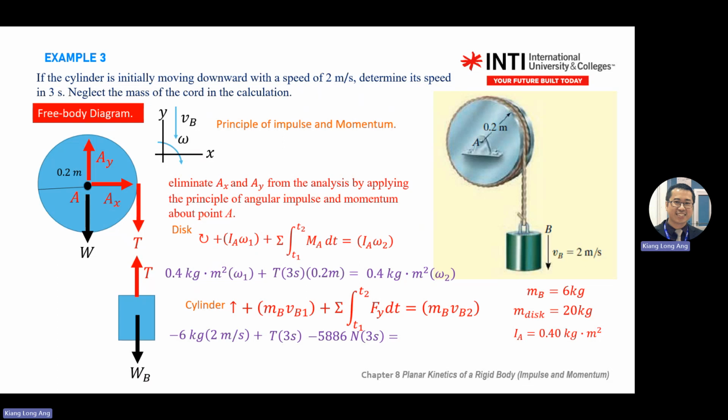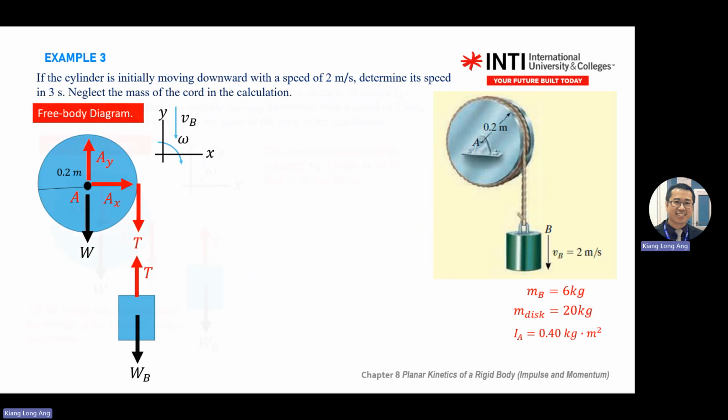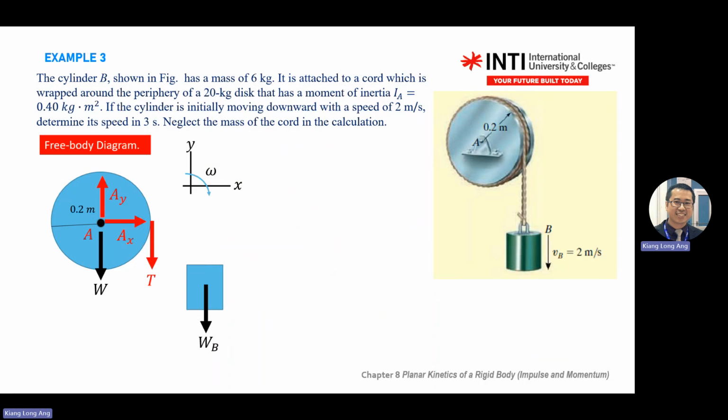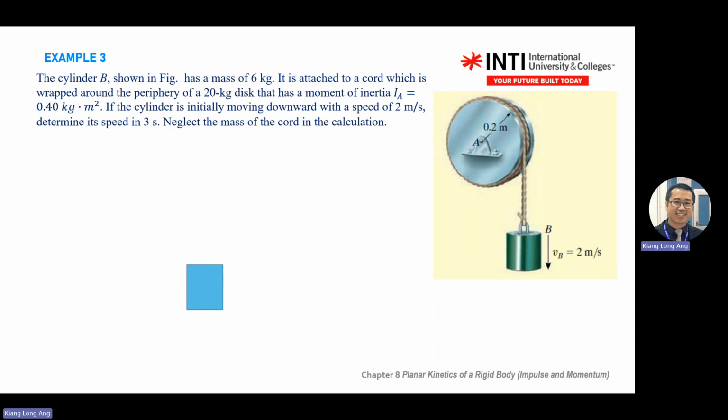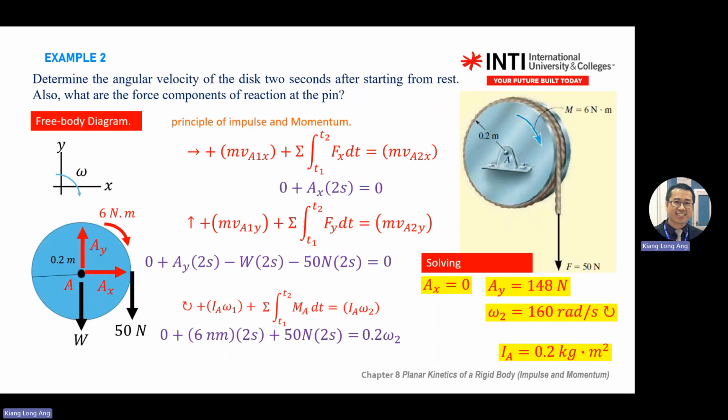So you don't need to use this one. You don't need to use these two. Because it's fixed, it cannot move. Zero. But of course, in your solution, in your final exam or test 2, please write these two.